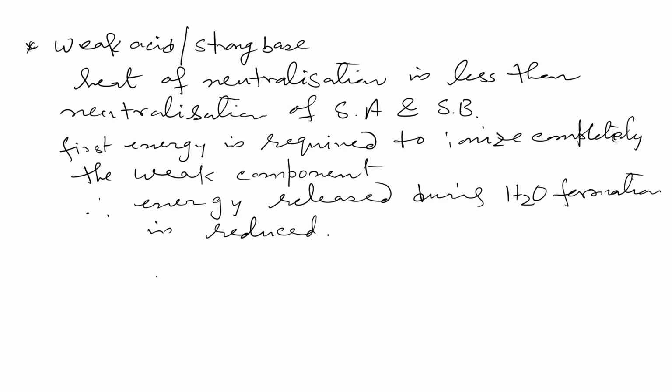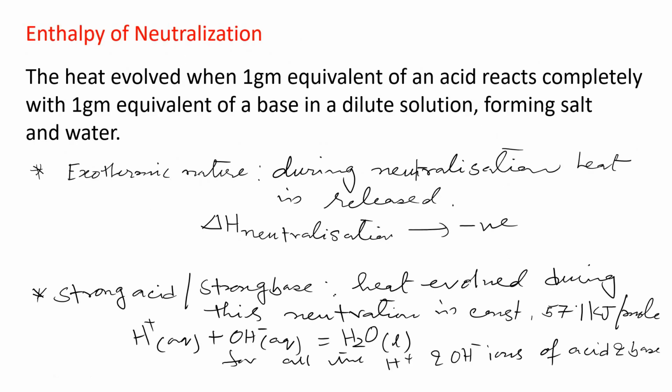So when it is reduced, the delta H of this reaction will be less than this 57.1 kilojoules per mole. Here I should write minus 57 because energy is released. Right?